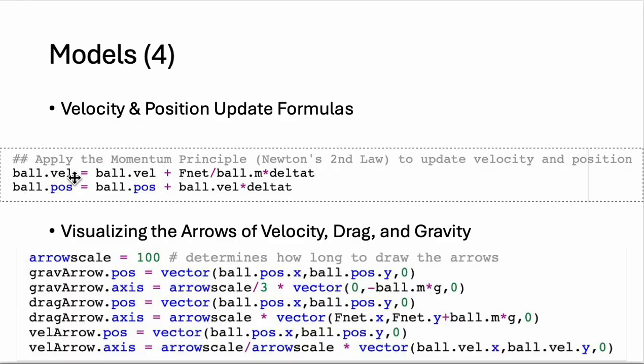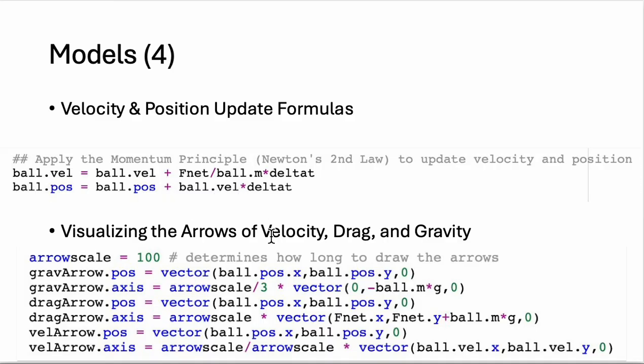So, new velocity is initial velocity plus f net over mass of the ball times delta t. Position was just initial position plus the velocity of the ball times delta t, because the velocity of the ball is just v average, and v average under non-constant forces is just vf.